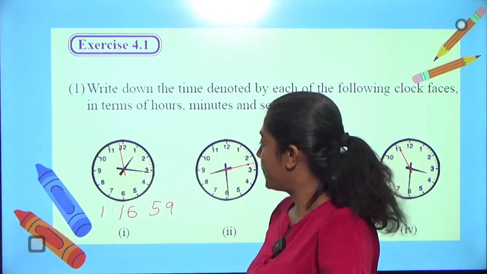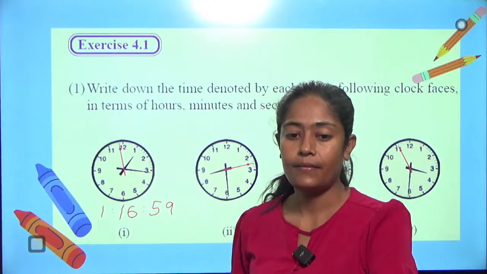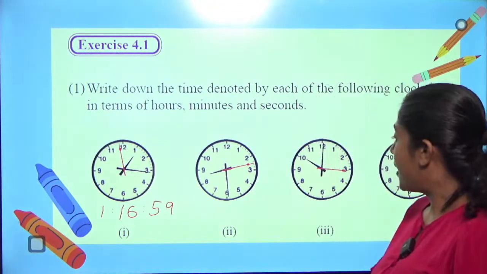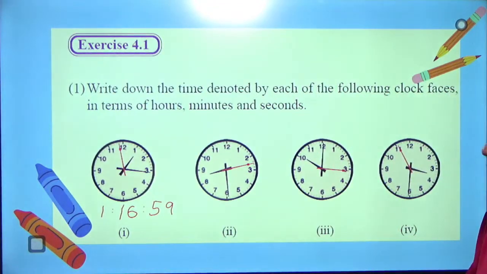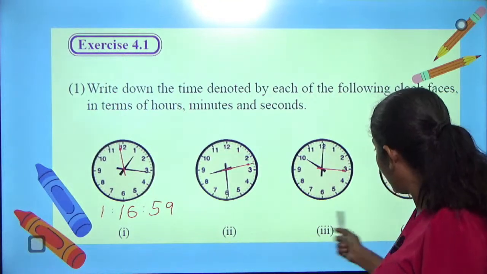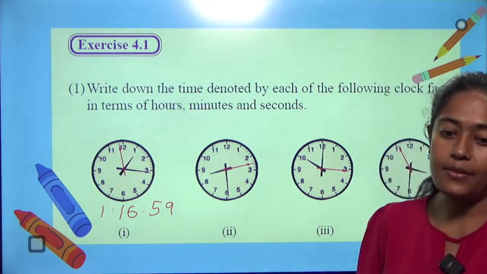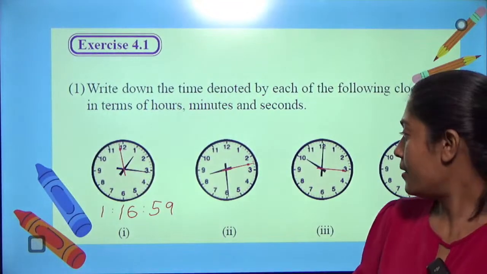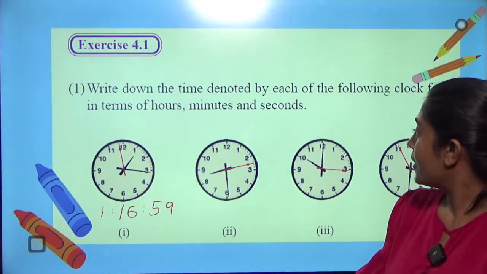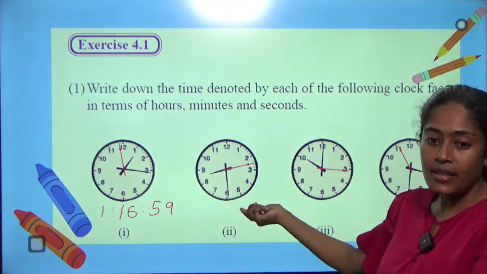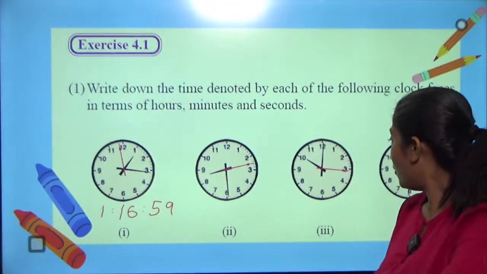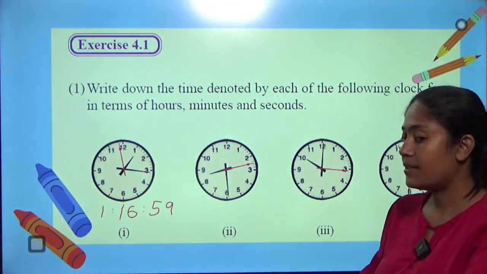Right, Talia? Okay. Yes, teacher. Right, I will give homework for you. These three, go through very clearly. Then you have to write down what is the time shown by each clock face.